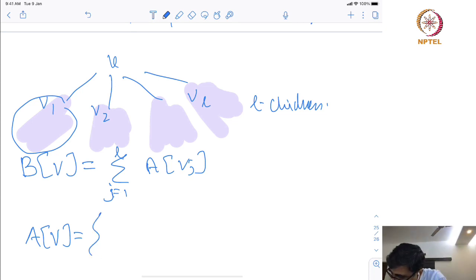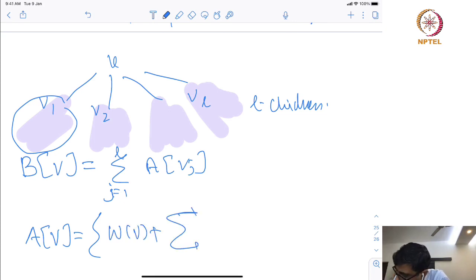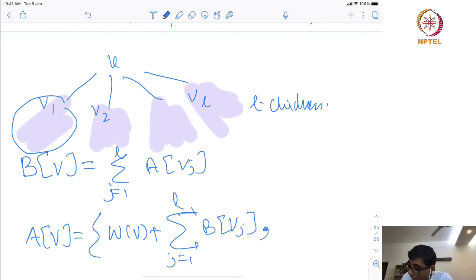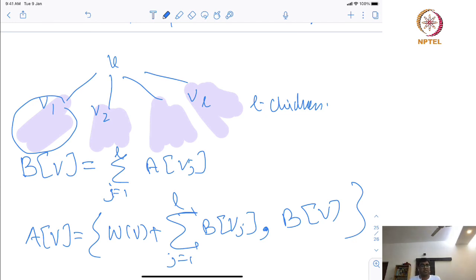So A of V is the weight of V plus the summation over j from 1 to L of B of Vj. Or you do not contain V, and then it is B of V, which we have already computed. This is how we update this information.